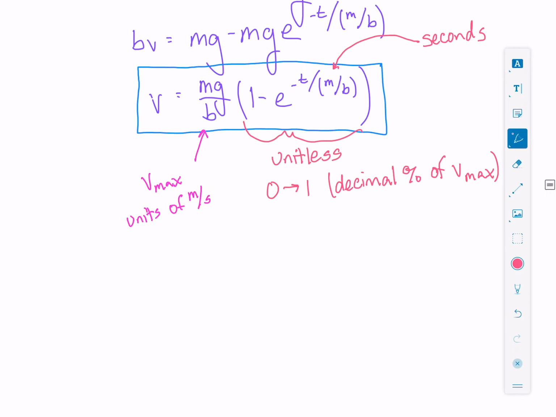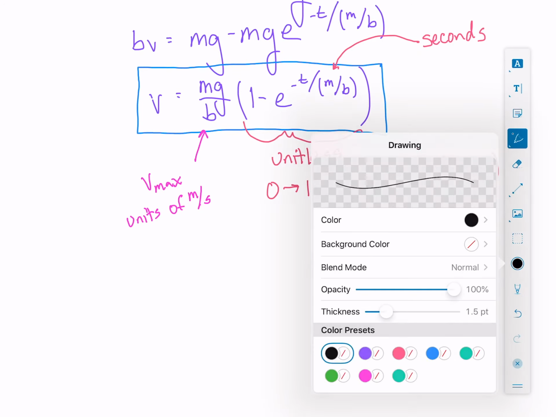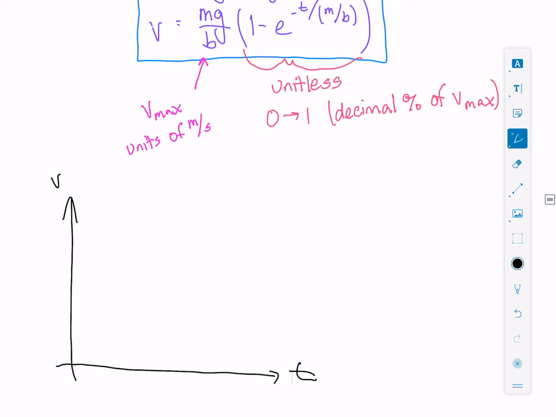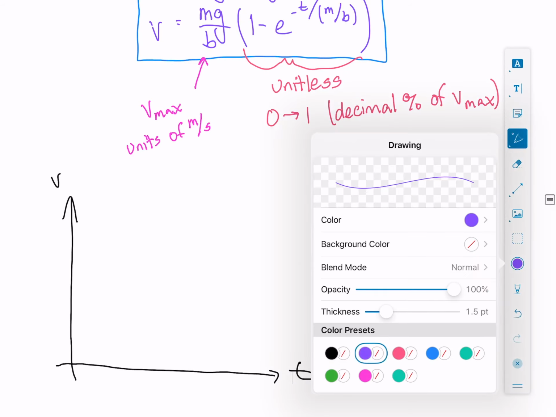We can actually graph that. If we put it into graph form, hopefully more things become clear. So let's write this. Here's my velocity. Here's my time. And just for the sake of simplifying it, I'm going to rewrite our equation.